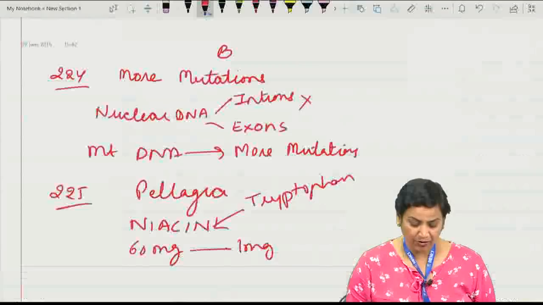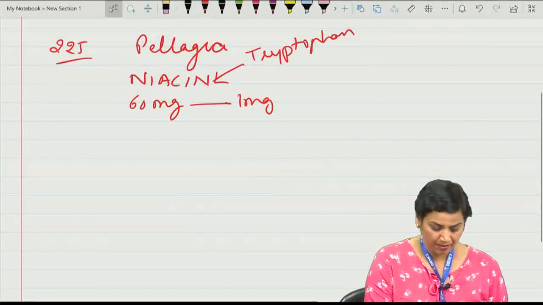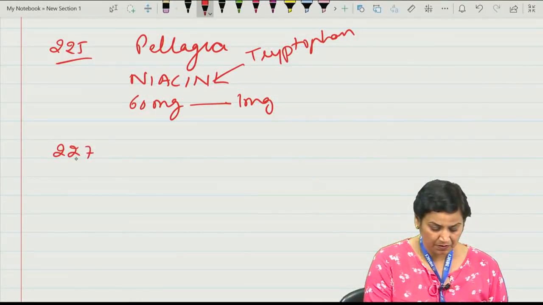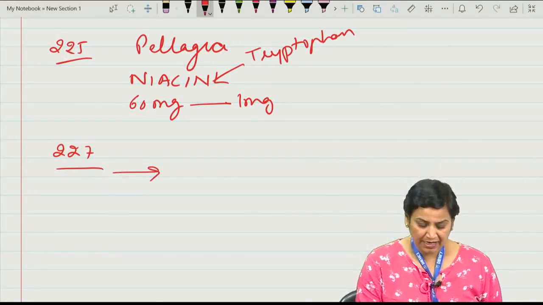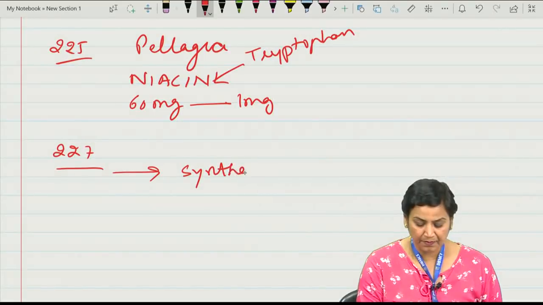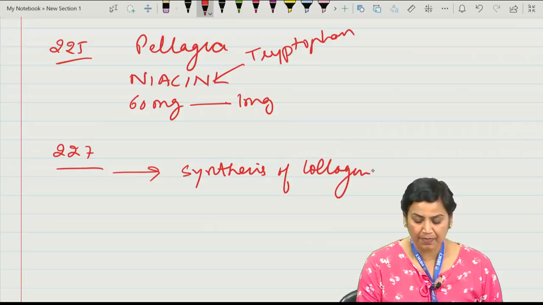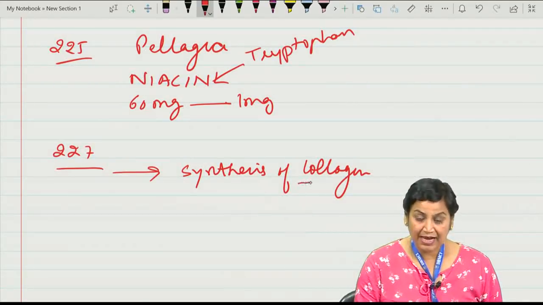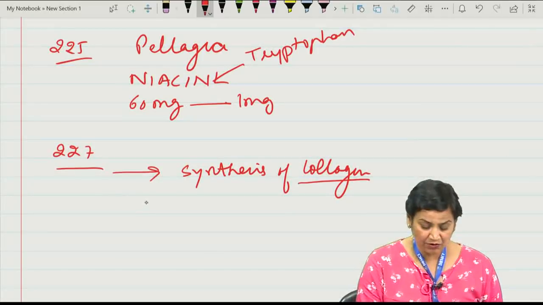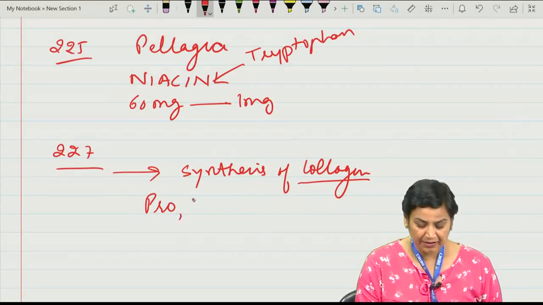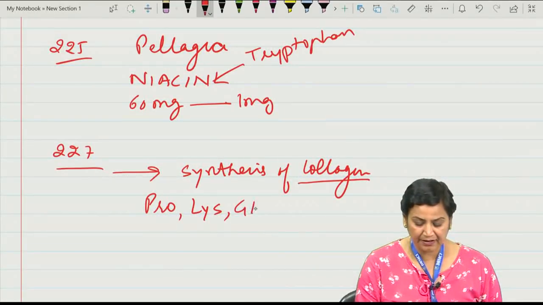Now see, in scurvy what happens is there is defective synthesis of collagen. Collagen, which has a triple helical structure, is synthesized from proline, lysine and glycine.